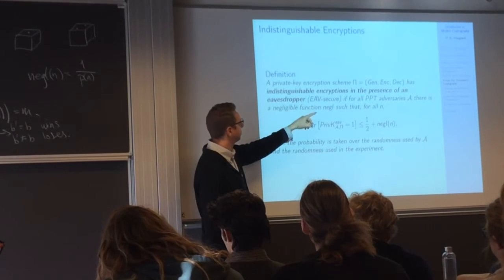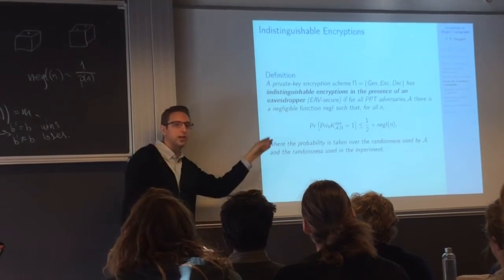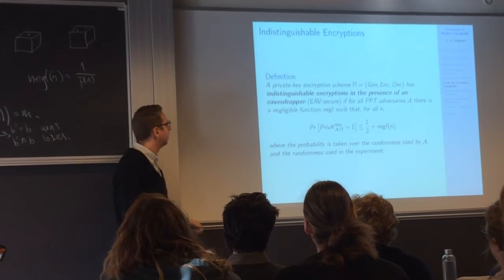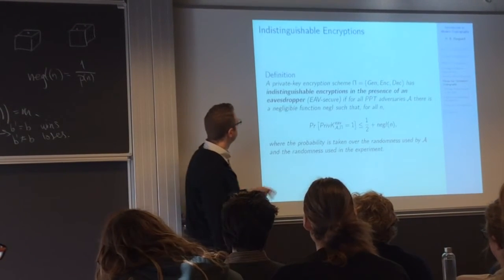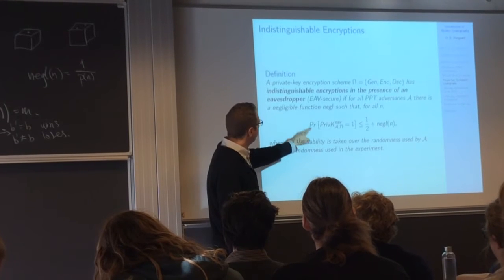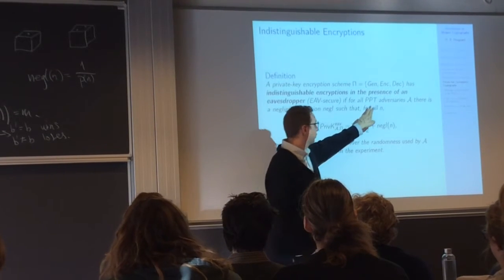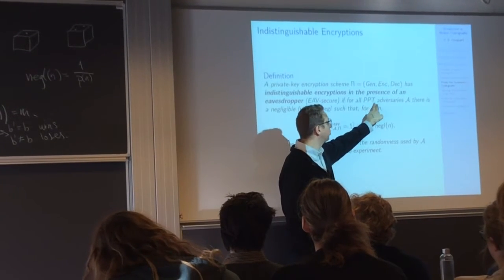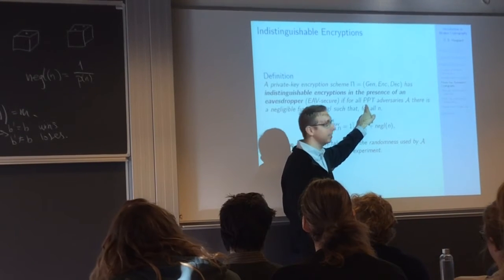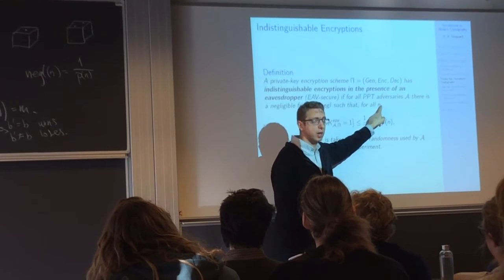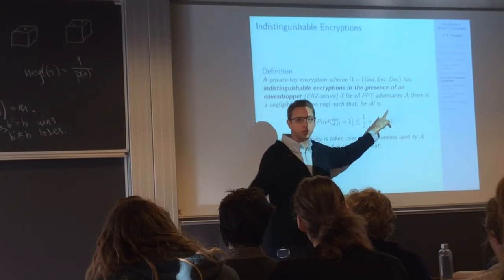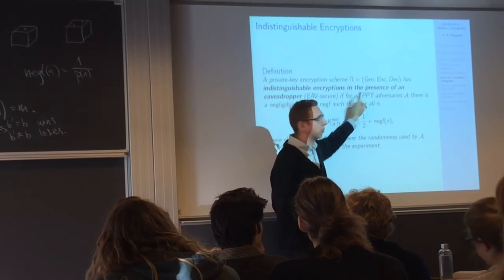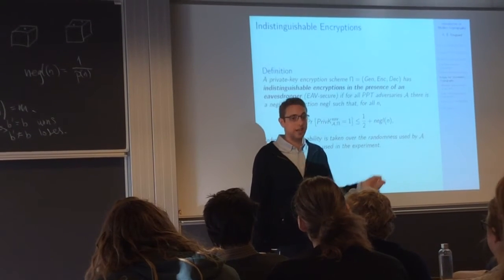Indistinguishable encryptions in the presence of an eavesdropper, or EAV secure, we have a lot of shorthand. Then, if you noticed here, we say that, first of all, now we have polynomial time adversaries, probabilistic polynomial time adversaries. Basically, the polynomial time is to say it's efficient, and the probabilistic is to say that it's allowed to guess.